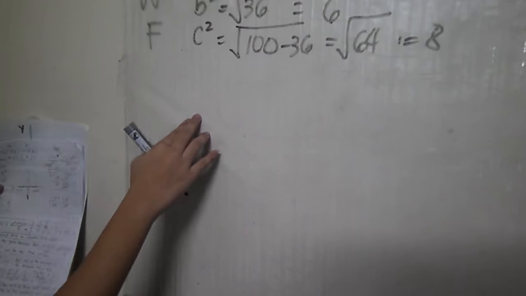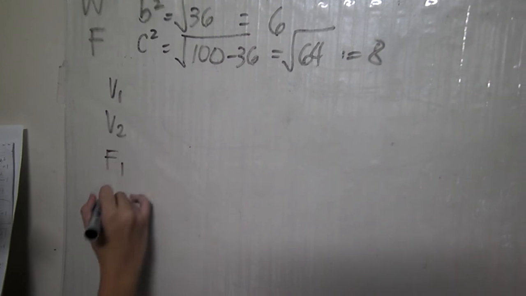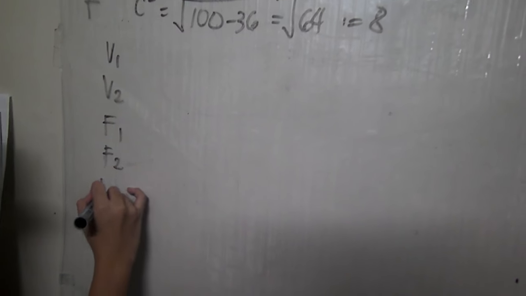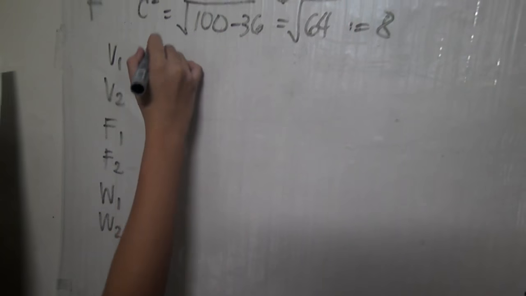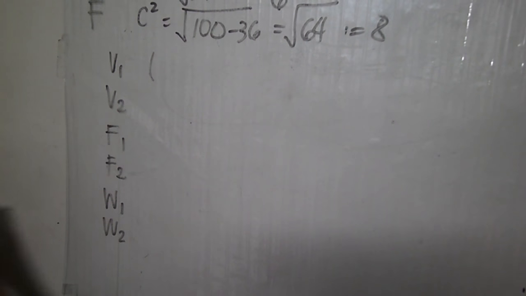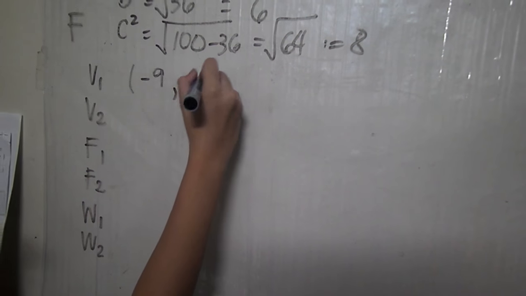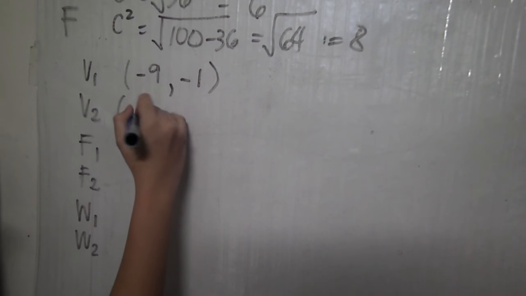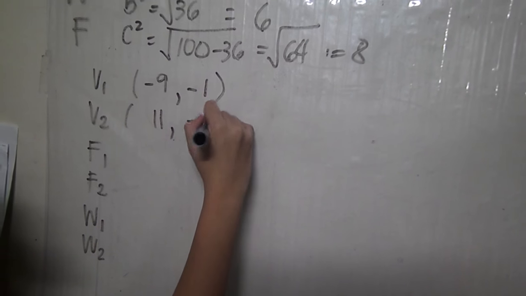Now we're able to find vertex 1, vertex 2, focus 1, focus 2, co-vertex 1, and co-vertex 2. Vertex 1 is negative 9, comma, negative 1. Vertex 2 is positive 11, comma, negative 1.